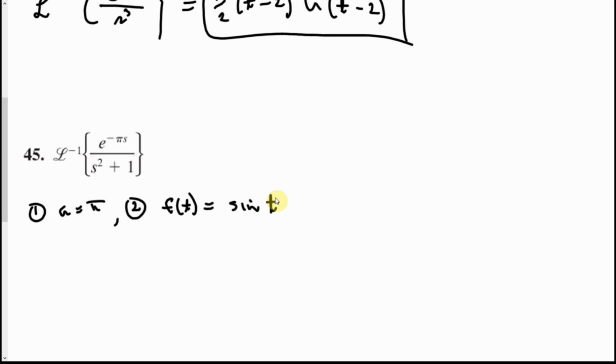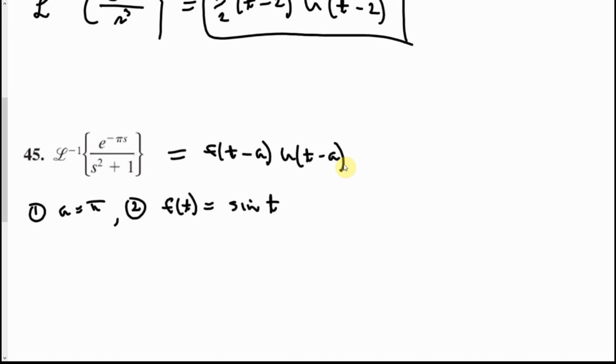So if that's the case, then our answer has to be of the form some f of t minus a times the unit step of t minus a. All right, so let's see.